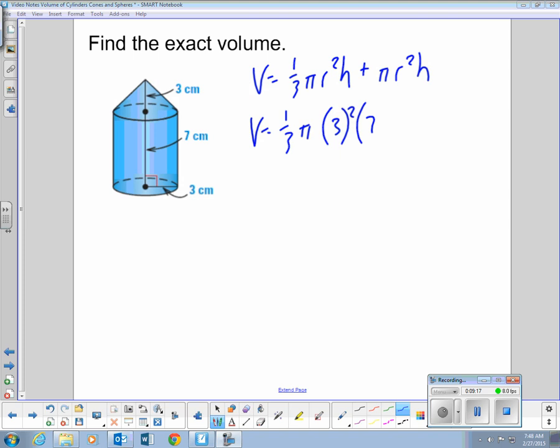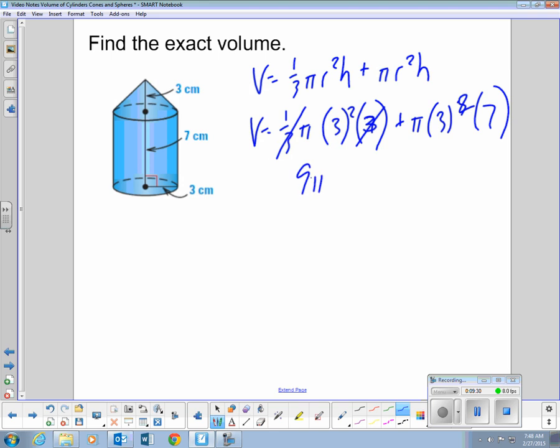Our height here is 3 for that cone, plus pi 3 squared, and our height here is 7. So this 1/3 cancels with this 3, so we have 9 pi plus 63 pi, which will be 72 pi centimeters cubed, which is our volume. So always write your formula first and plug all your information into your formula.